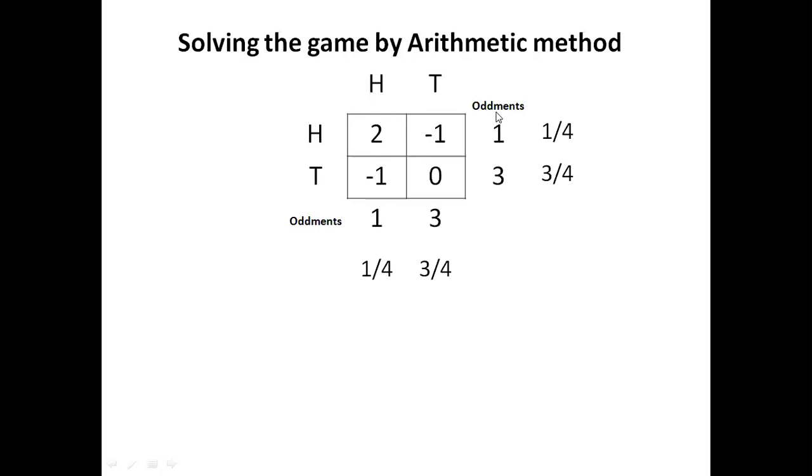Here, as I have told, these oddments indicate the frequency with which that particular strategy is going to be used in the total number of games. Out of four matches played by India with Australia, in one match the Indian team is going to play the first strategy, that is playing with three spinners, and the remaining three matches will be played by the Indian team with three pace bowlers.